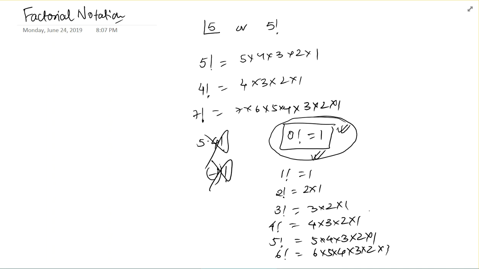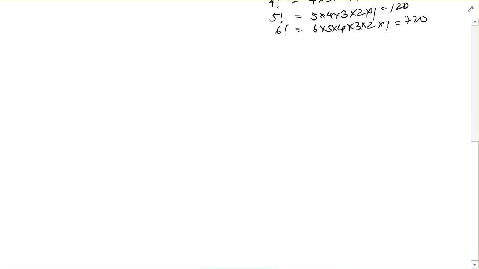So if these are this simple, you can also memorize the values: 1, 2, 6, 24, 120, and 720. You have to memorize the values of factorials up to 8 at least.